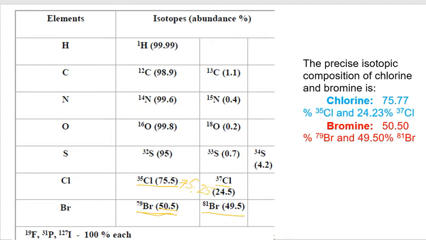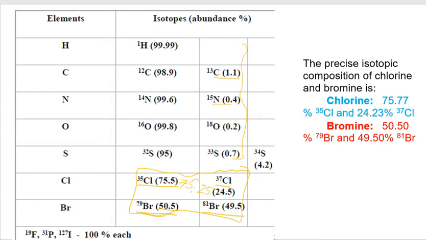So these are the two prominent isotopes which we come across in mass spectrometry. For other elements, the isotopic abundance of the isotopes is not so high. In the case of carbon, we have carbon 13 at 1.1%.